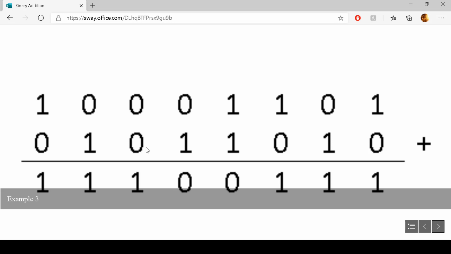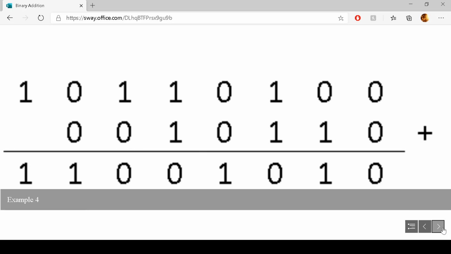In the next column, we have 0 plus 0 plus the carry 1. So the result here is 1. In the next column, we have 0 plus 1. The result here is 1. And in the final column, we have 1 plus 0. So the result here is 1.